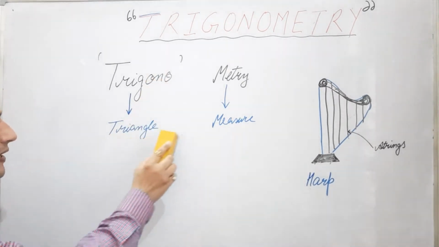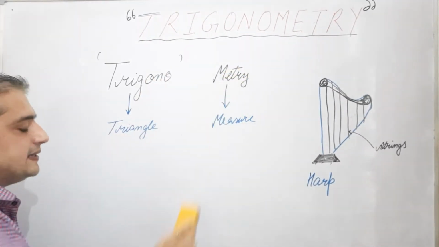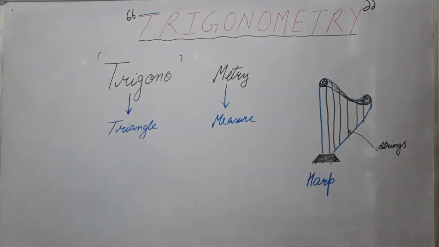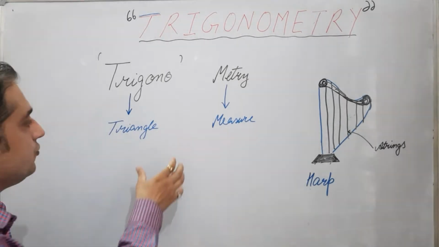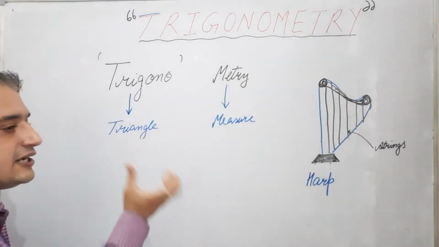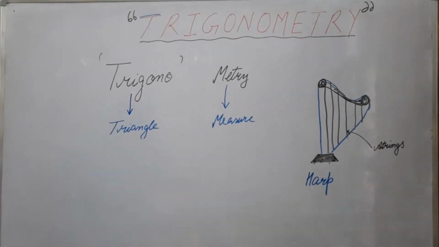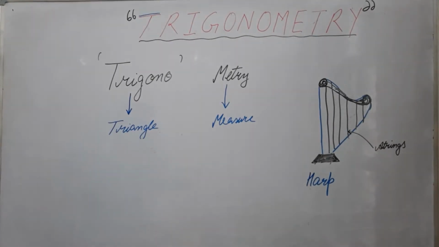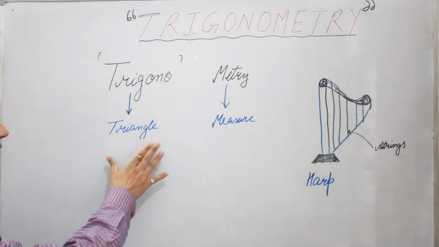Trigono means triangle, metri means measure, the measurement of the triangle. And which relations of the triangle do we find? Between the angles and the sides. So this is trigonometry.